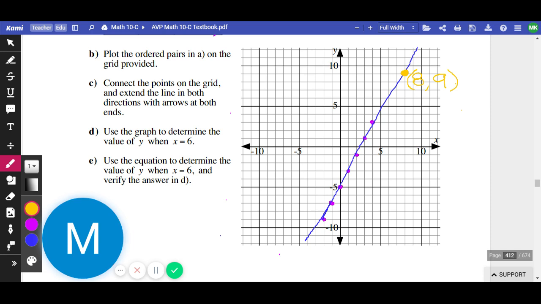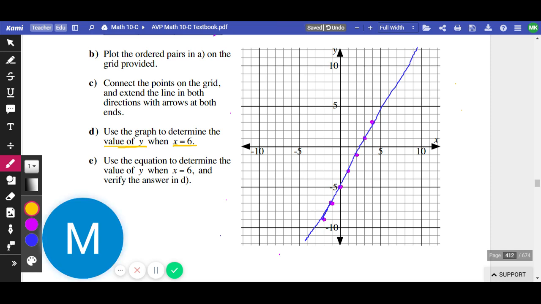Let's answer a couple questions so you can see how this works. We'll get rid of that random point that meant nothing to us. Part D. Use the graph to determine the value of y, so figure your output, when you have an x equals 6, input of 6.